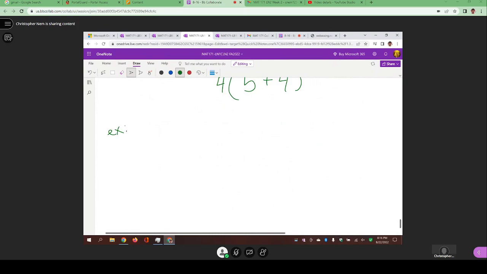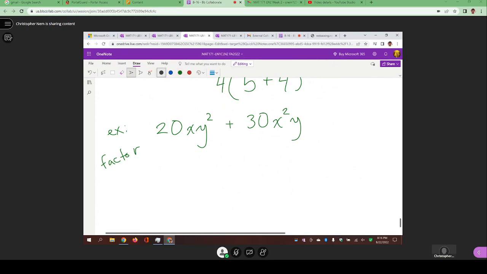Let's do 20xy squared plus 30x squared y. Find the GCF. Factor. I'm just going to say factor. In this problem right here, it is very difficult to factor by guess and check.